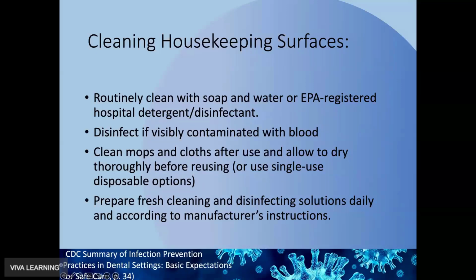But if you notice visible signs of contamination with blood and bioburden, then clean and disinfect as if it were a clinical contact surface. Then you will have mops and cloths. Allow them to dry thoroughly before reusing, or use single-use disposable options as well. And then, of course, you want to prepare fresh cleaning and disinfecting solutions daily and according to the manufacturer's instructions.